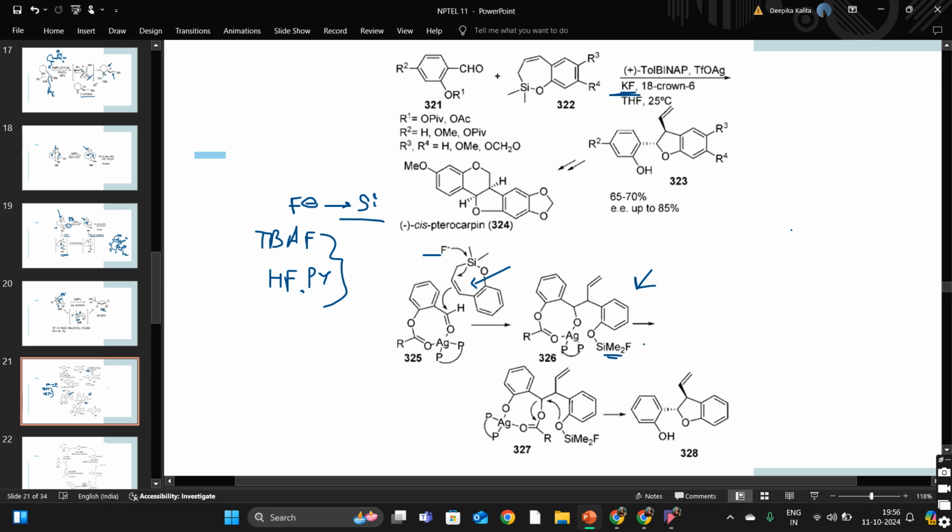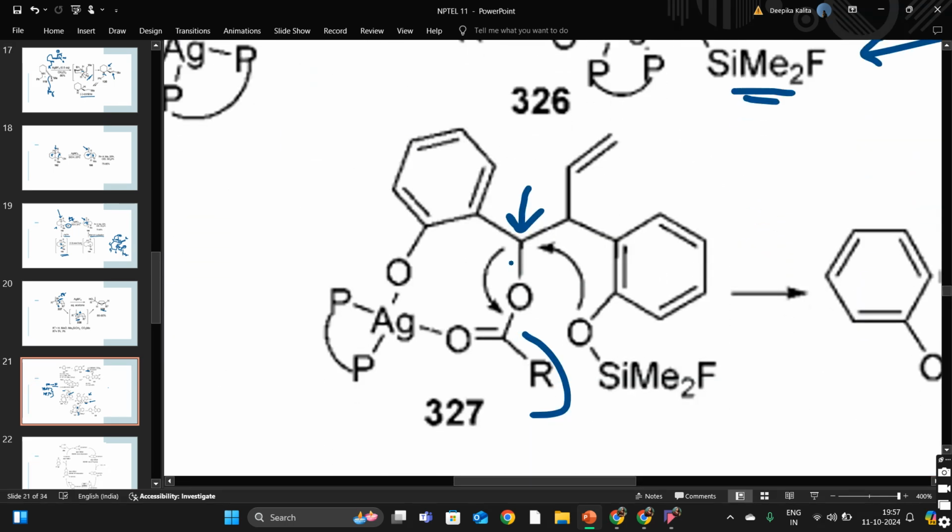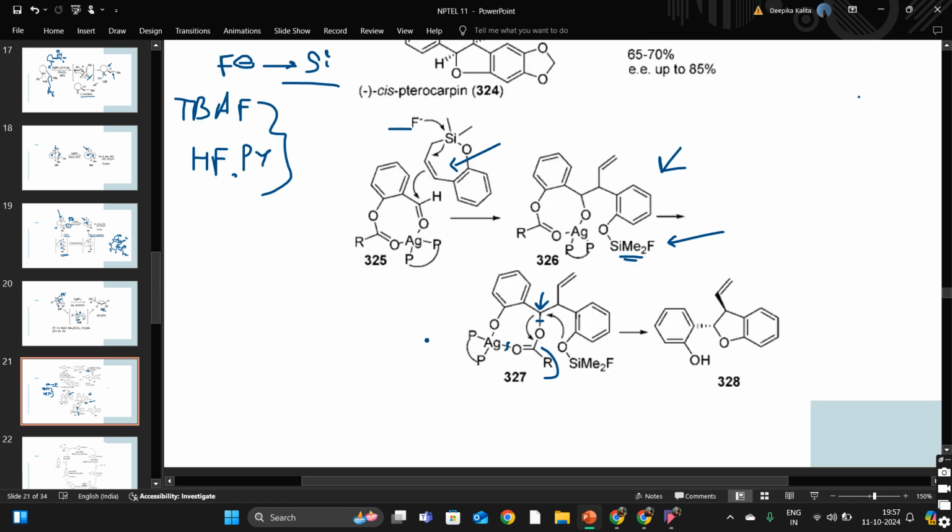So after the formation of this intermediate, a rearrangement reaction takes place, and you can see that this oxygen, which is containing the oxygen-silicon bond, attacks at this particular carbon atom to undergo ring closing reaction, and this part will lead to the breakage of this carbon-oxygen bond first, and this silver-oxygen linkage also breaks, and on this side also the silver-oxygen linkage breaks to give us an oxyanion, which can take up a proton to get this alcoholic functionality.